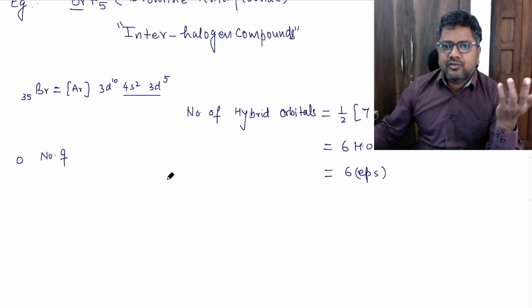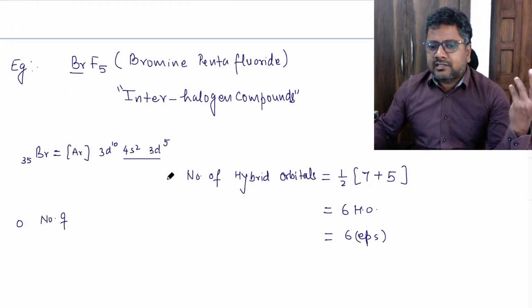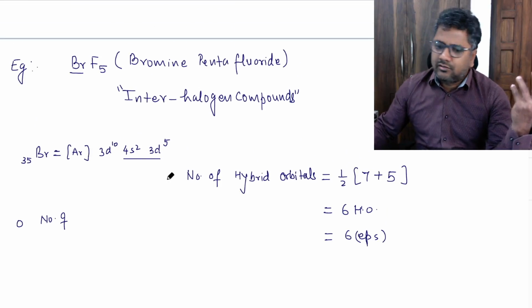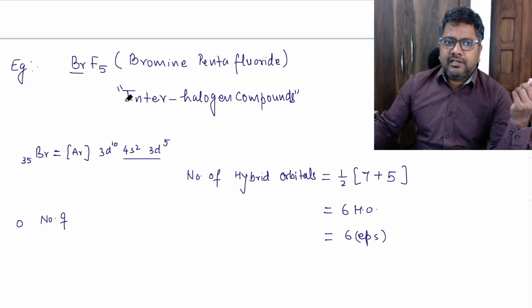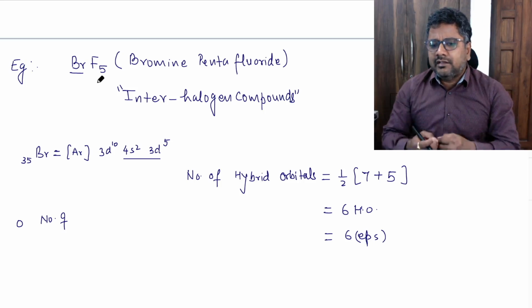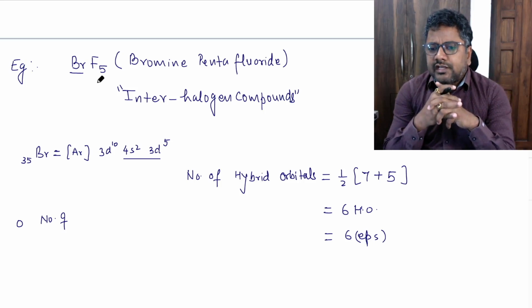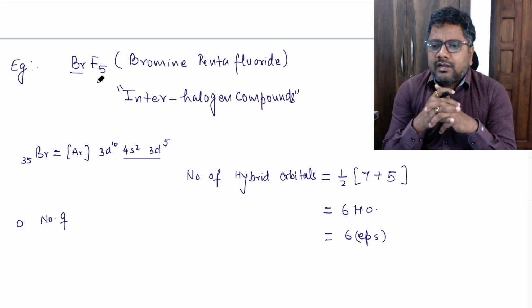Suppose you are an expert at finding hybridization, and the examiner asks, tell me which d orbital is involved in the hybridization of BrF5.